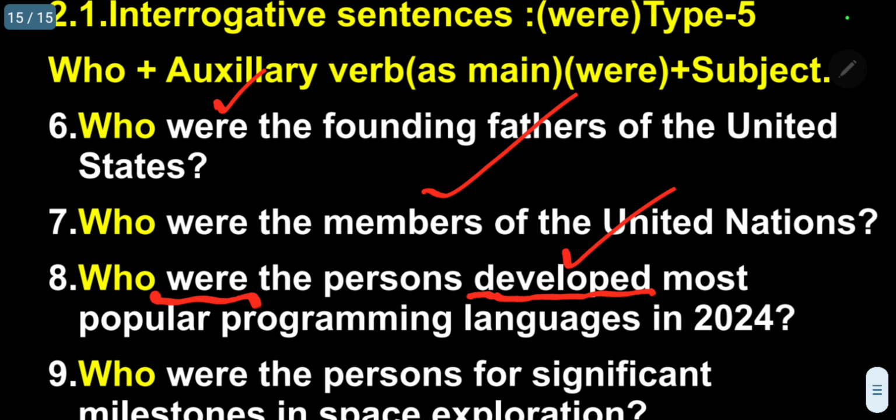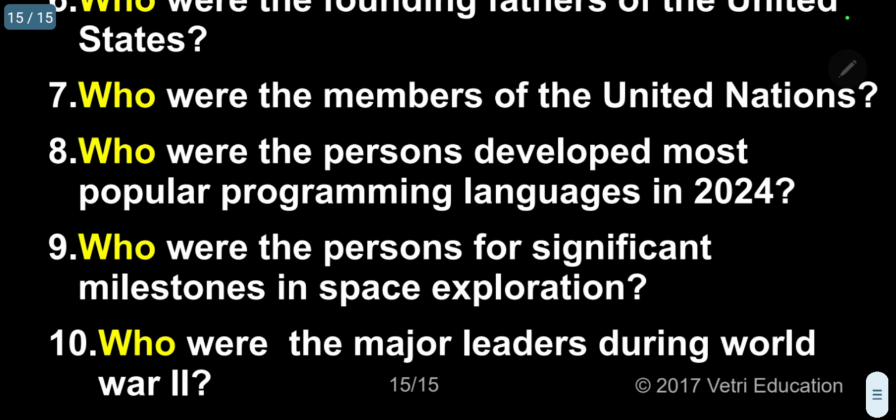Were is the auxiliary verb. I already told you. The next one. Who were the persons for significant milestones in space exploration? So were is used as a main verb, that is auxiliary verb acting as a main verb. The last one. Who were the major leaders during World War II? So were, auxiliary verb acting as a main verb.